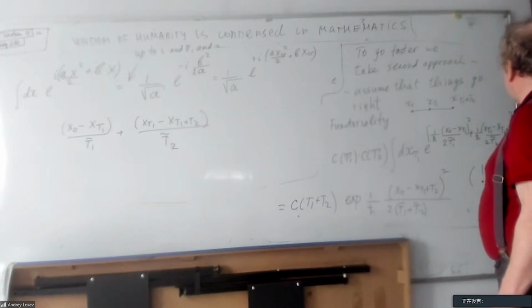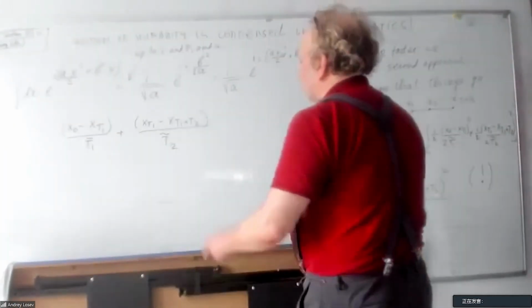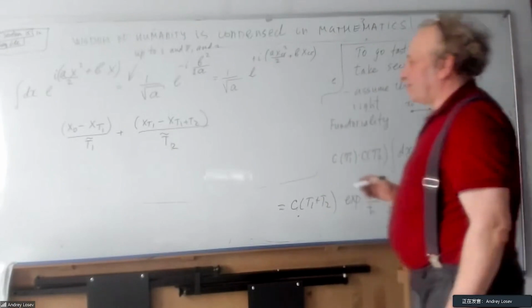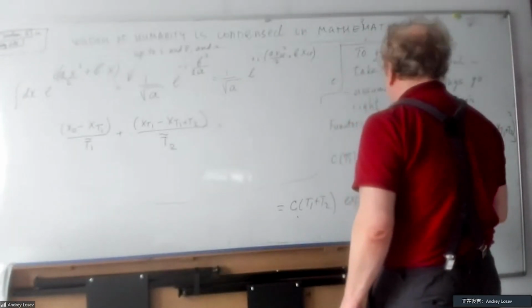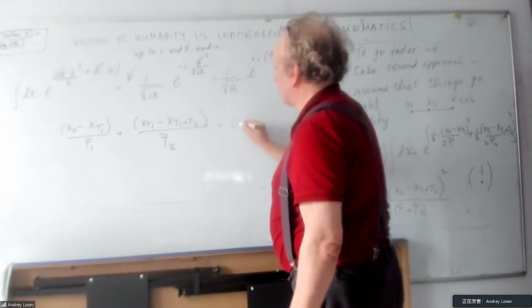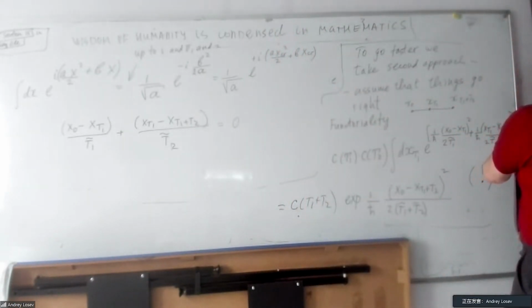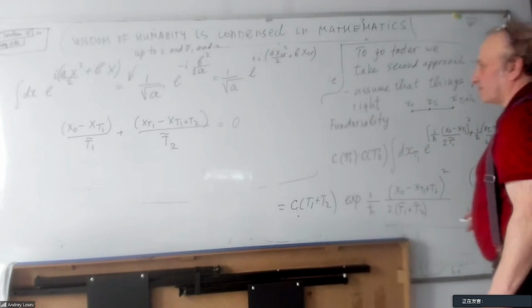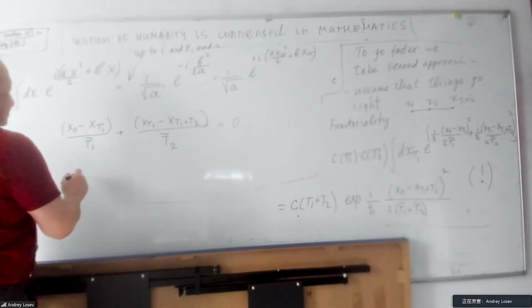So what I wrote here, I took the derivative, and I want it to be equal to 0. Derivative here and derivative here, derivative in x(t1). Now I may compute something out of it.